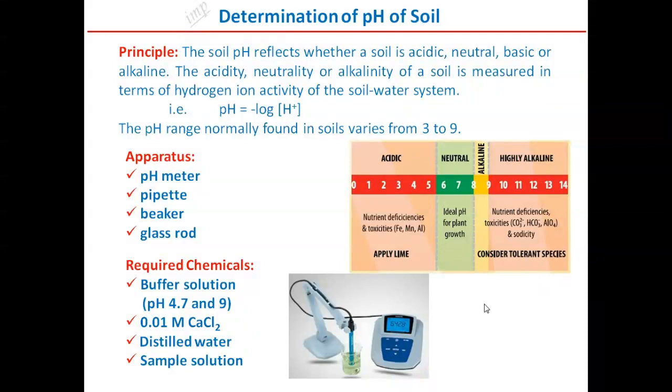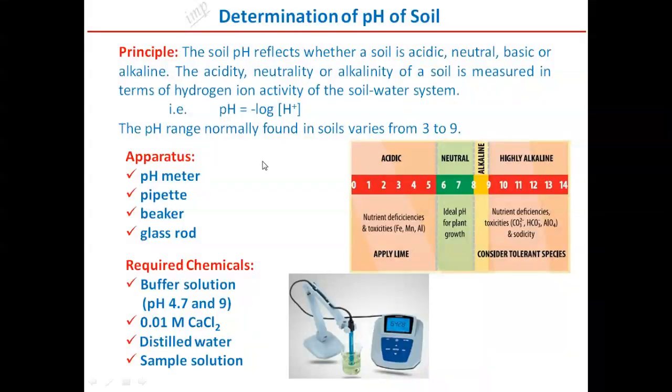The ideal pH of the soil is from 5.5 to 8. At this pH the soil gives its extreme growth capability. So it is very important to determine the property called the pH of the soil.